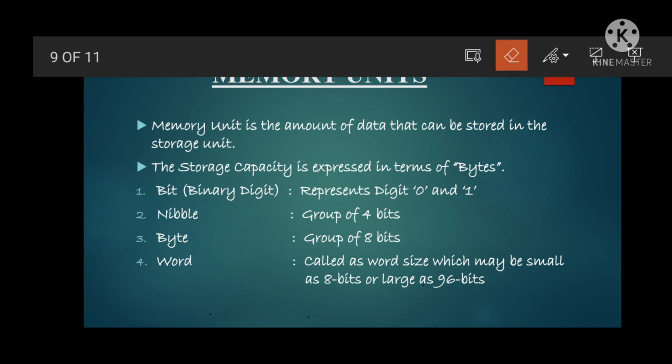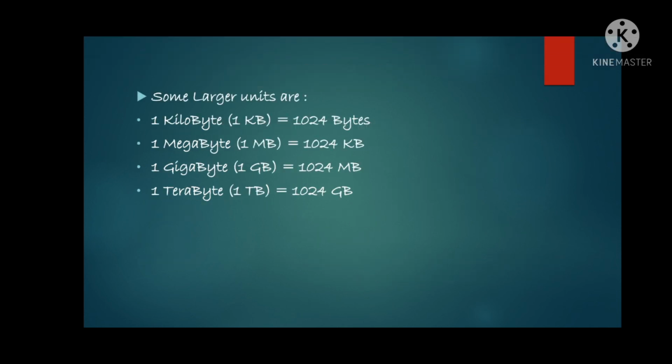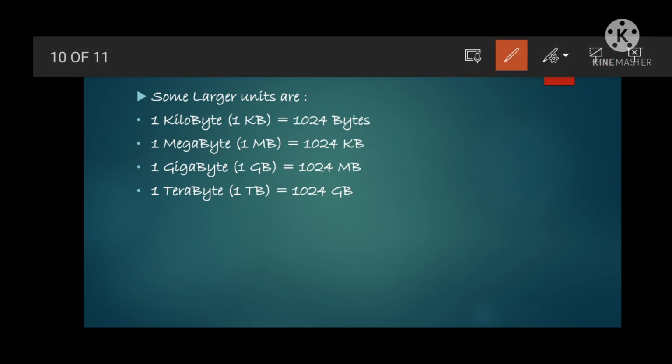I'll now explain what the larger units are. Some larger units are 1 kilobyte, which we call 1 KB, equal to 1024 bytes. If you represent this in terms of bits, it will be a lot, around 8192 bits.